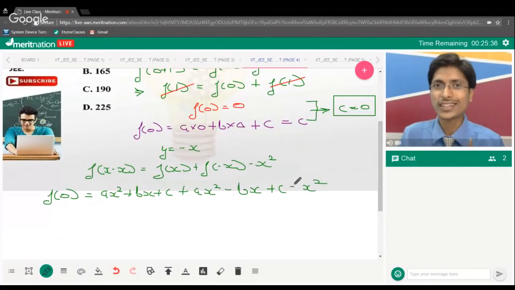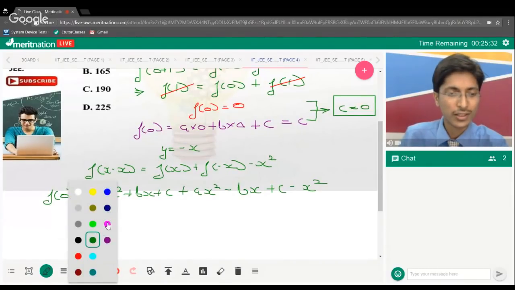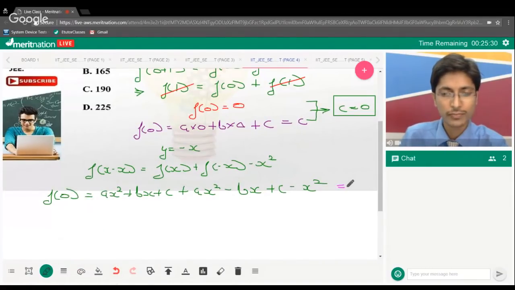And we know that f of 0 is 0 from the equations above. Now see what simplified. B is eliminated and we have ax square plus ax square is 2ax square, and c is already 0. So we have minus x square equals to 0.